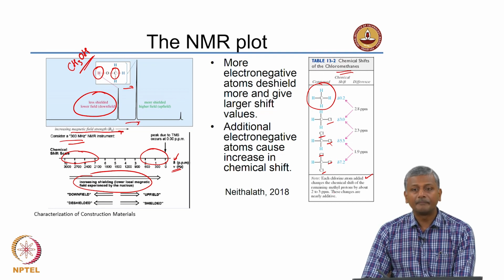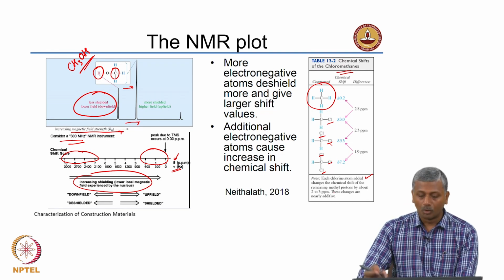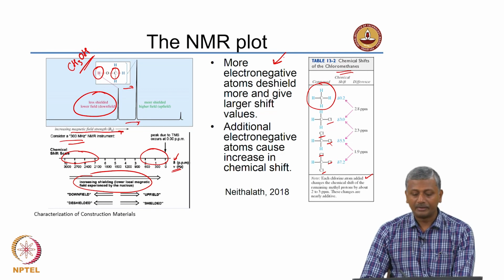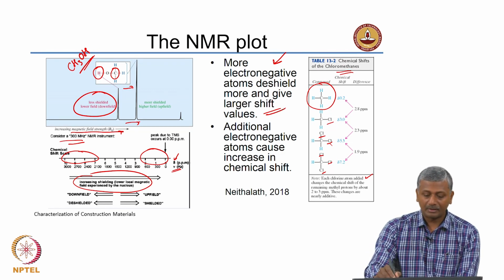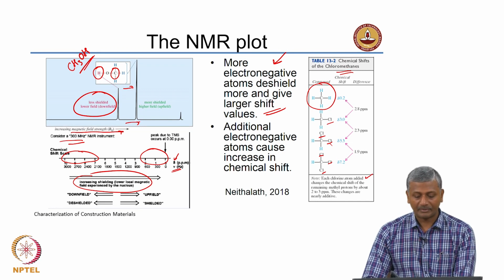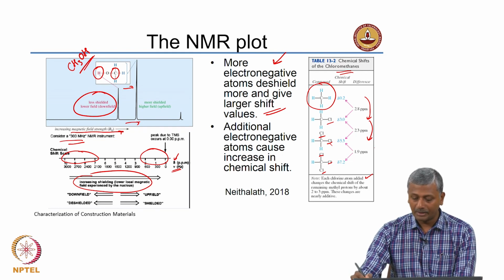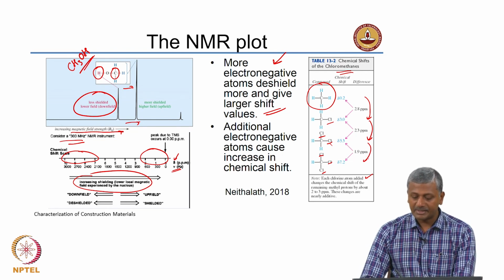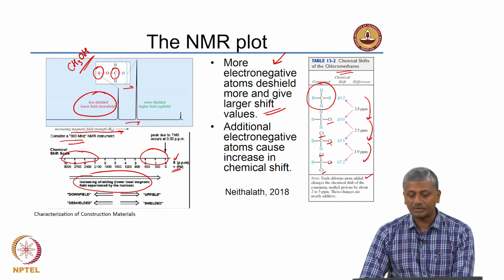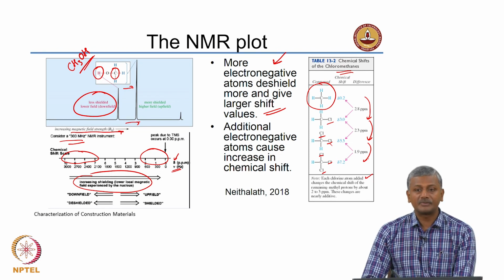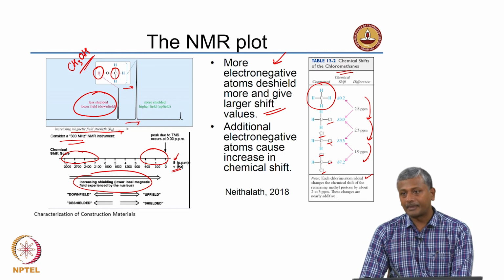Why? Because more and more electronegative atoms are giving larger shift values. Okay. So again your shift is changing from 0.3 to 3 to 5.3 and finally to 7.2 as you replace your hydrogen with chlorine atoms in the case of chloromethanes.